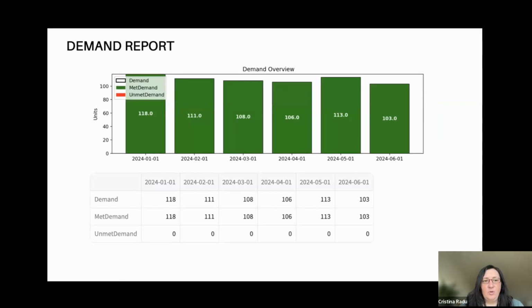And this is the demand report. A very simple version is, as I said, the focus is on the unmet demand. So after I run a solver, I want to see what is the demand that is not met. And then I start to check what is the reason. I can see that maybe I have capacity issues, or procurement issues or other issues.